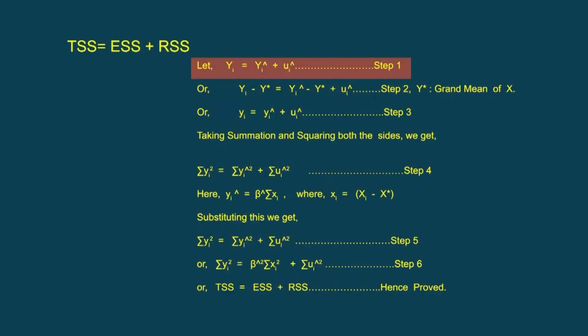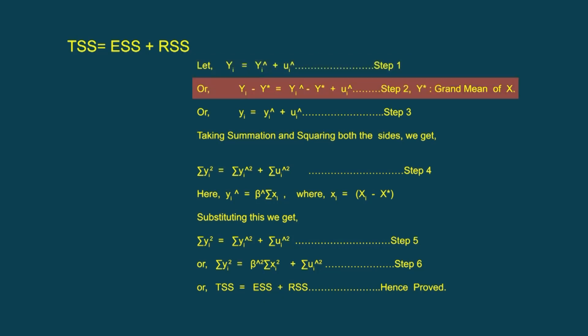So here we find that yi is the observed variable of y, which is equal to yi hat, the predicted value, plus the estimated error ui hat, which is step 1. Now in step 2, we are taking the difference from the mean, considered as the grand mean, denoted by y star.